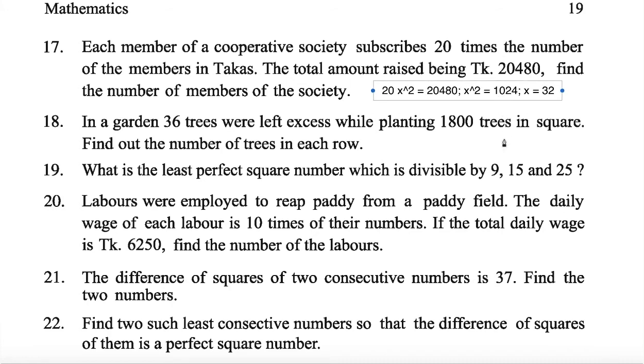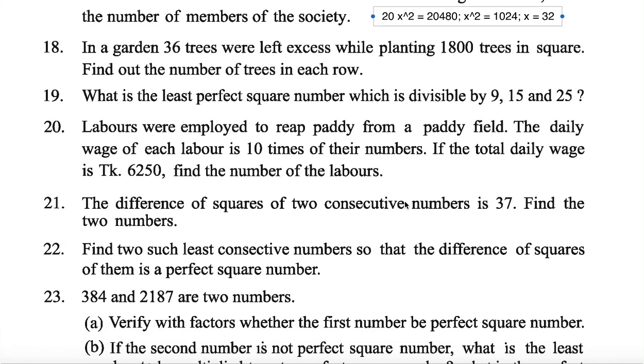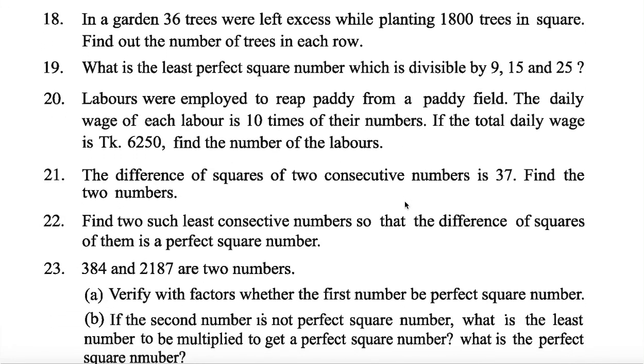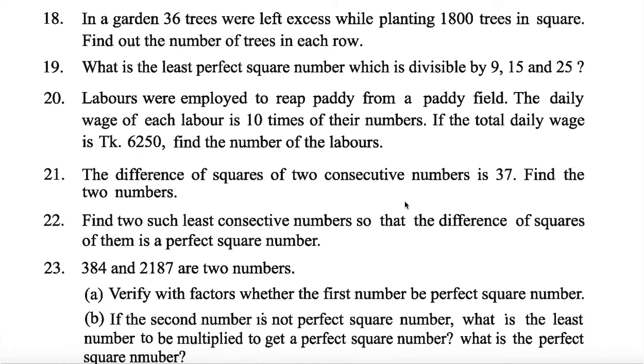In a garden, 36 trees were left excess while planting 1800 trees in a square. Find out the number of trees in each row.